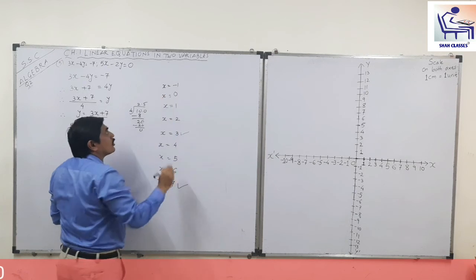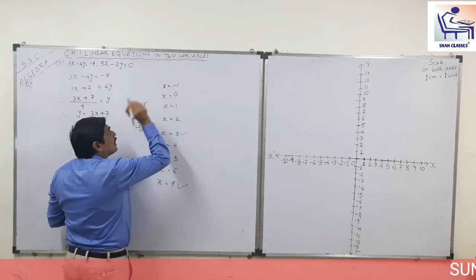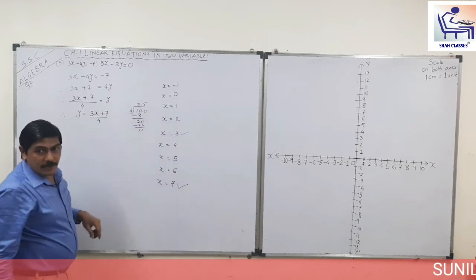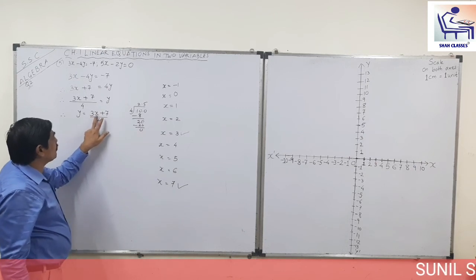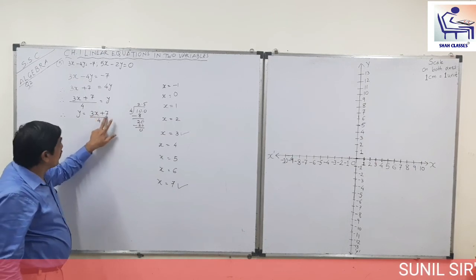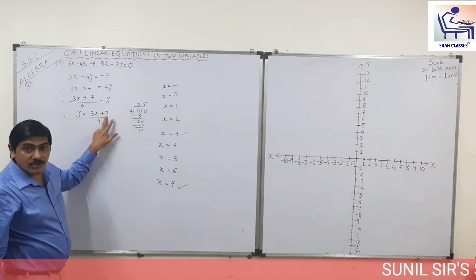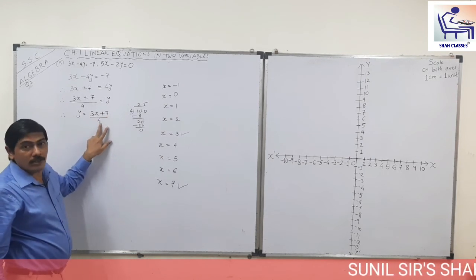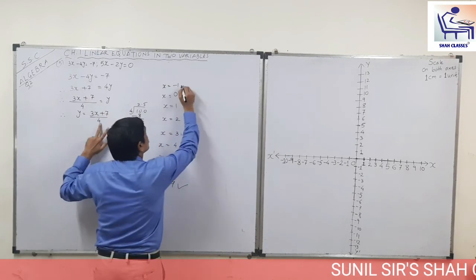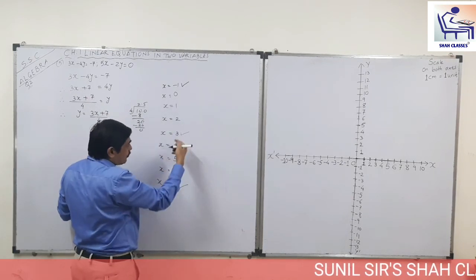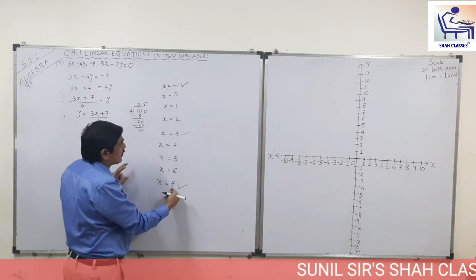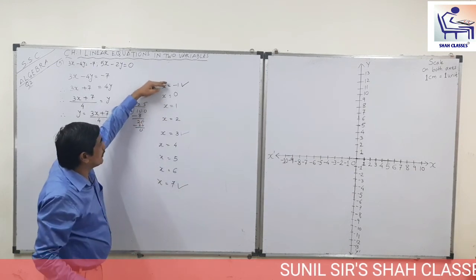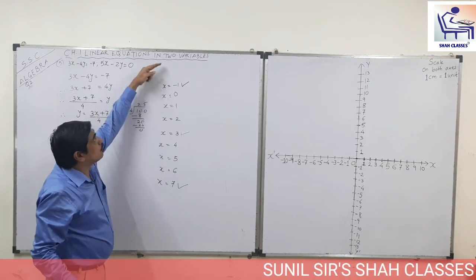If you want to do your sum quickly, it might be acceptable. Let's check. So 3 into minus 1, minus 3. Minus 3 plus 7 is 4. And 4 divided by 4 is 1. So as we have noticed, after every fourth value, means after 3 value, the fourth value is acceptable. So in this series we are getting, now we have to move further.